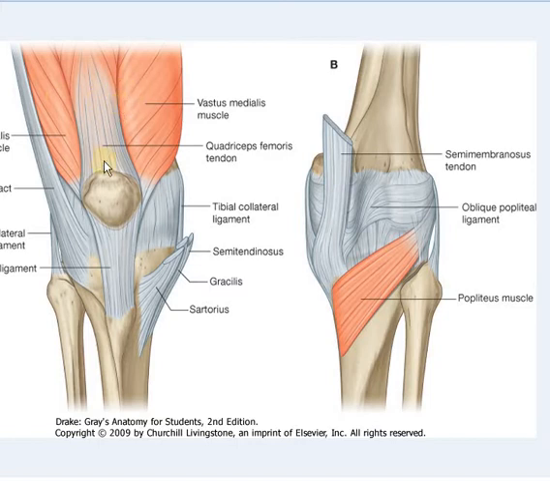So the knee joint is anteriorly reinforced by the tendons of the quadriceps femoris muscle: the vastus medialis, vastus lateralis, vastus intermedius, and the rectus femoris. The tendons of these four muscles jointly form the quadriceps femoris tendon.